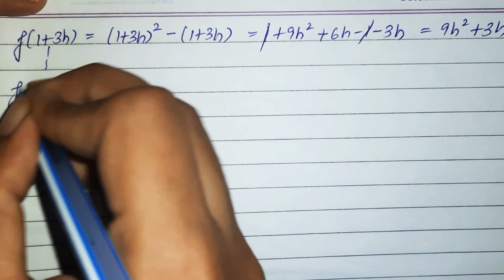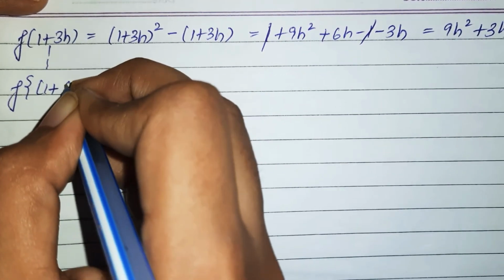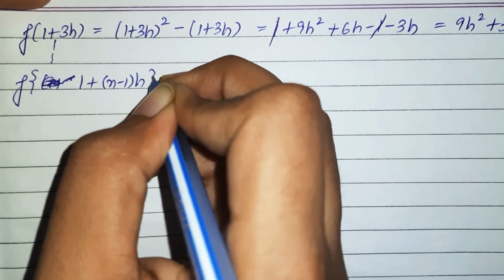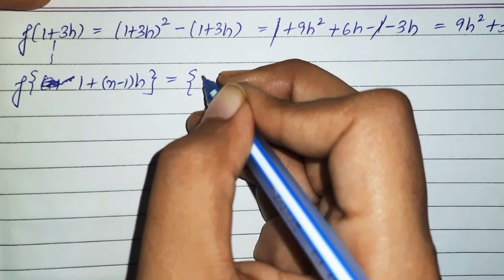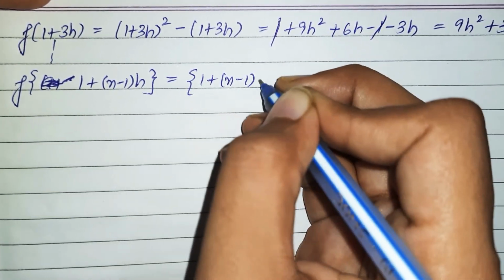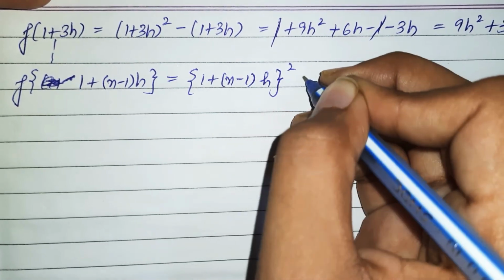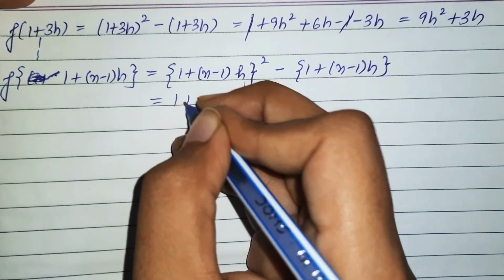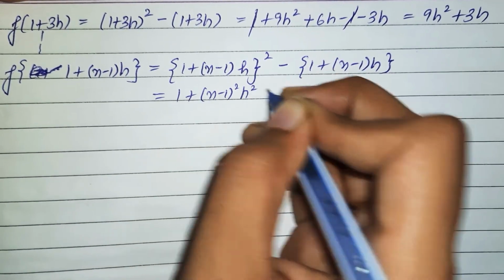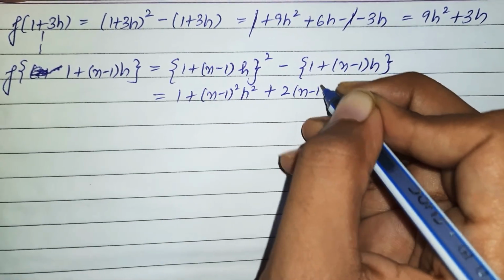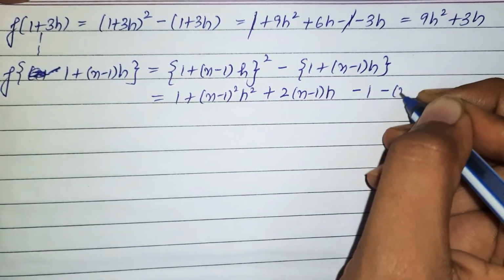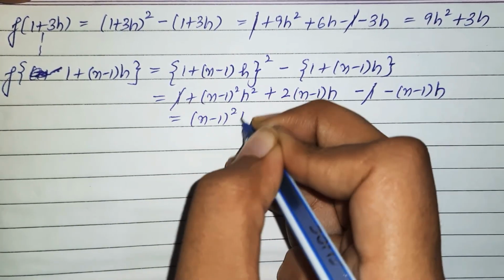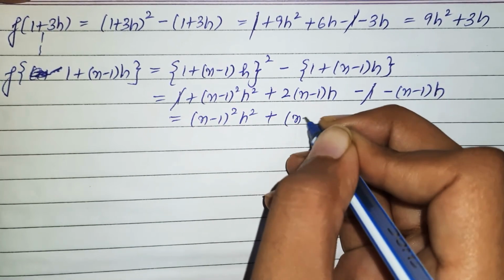So similarly, the last term is 1 plus n minus 1h. So a square plus b square plus 2ab minus 1 minus n minus 1h. So 1 will cancel out. So I am getting n minus 1 whole square h square, and this is n minus 1h.